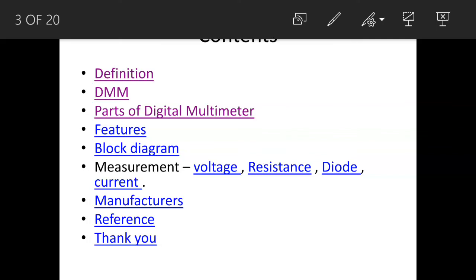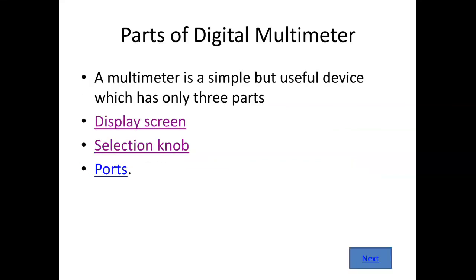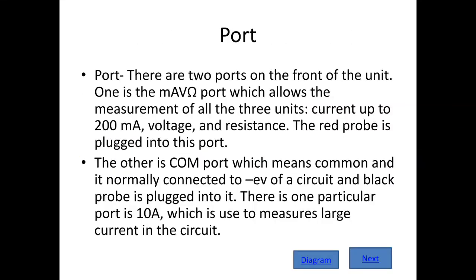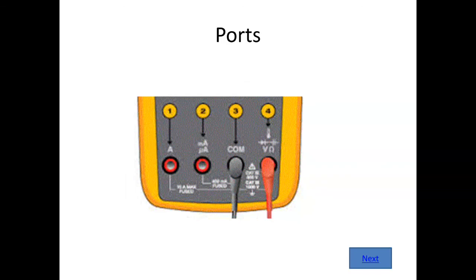And the next is nothing but your port. Ports are of 2 types. One is for milliampere and volt ohm, and it will be in red color. Only 2 ports are available: one is red and the other is black. Black is your common port. See this diagram, only 2 are available.